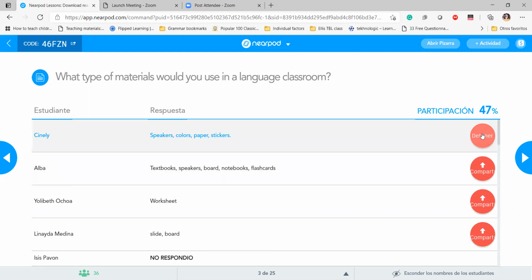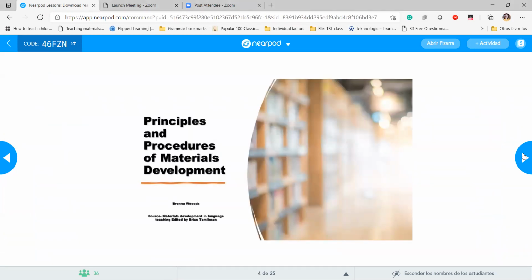You're going to be teaching these grades, and that's all they're going to give you. They won't give you any materials at all. So as teachers, we have to be ready for that. And we have to also be ready to know what to use in the case of the lack of resources. Yes, you will work at places that will give you so many materials that you won't know how to use them, but then you'll also have places that will give you materials that won't give you enough or anything at all. So today we're going to talk about principles and procedures of material development.